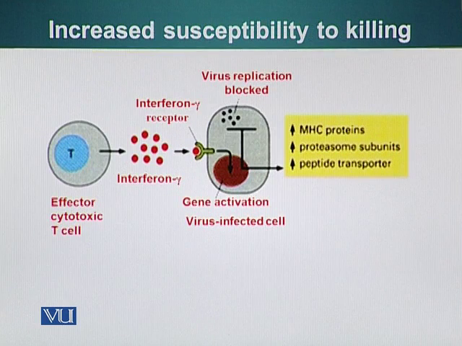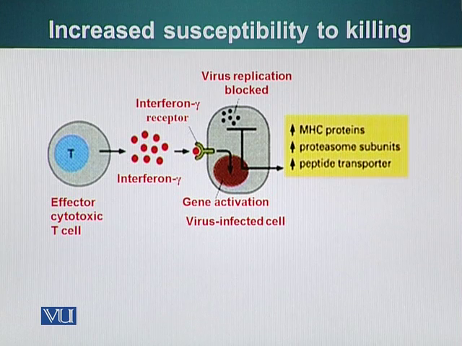Also, effector cytotoxic T cells can release different signaling molecules. Interferon gamma, for example, once it is released, causes the cells present around the infected cells to adopt a strategy that will block the virus or the intracellular pathogen from infecting them.